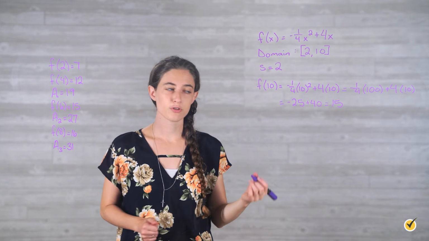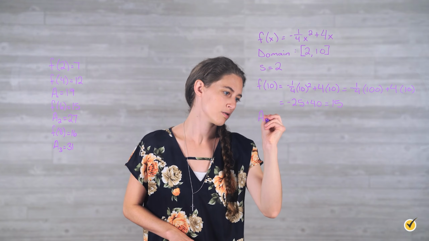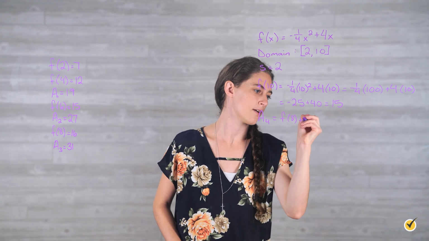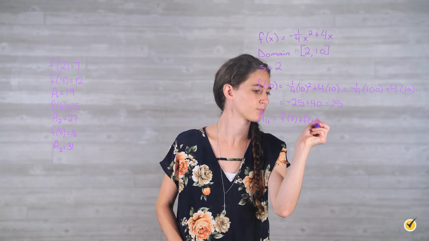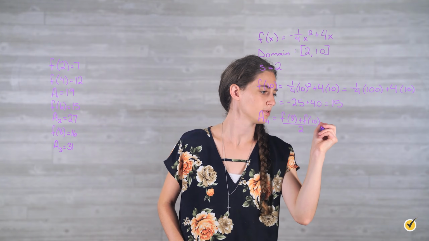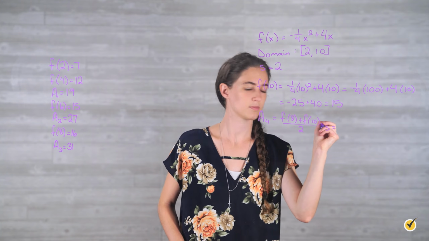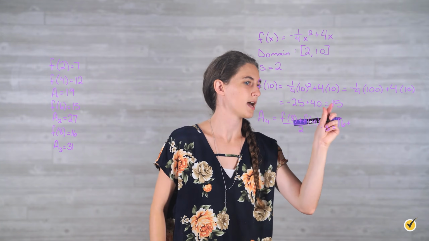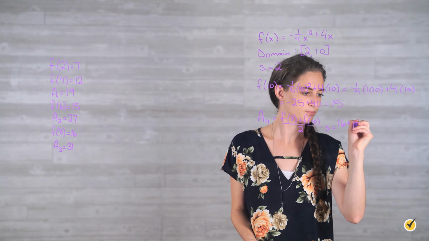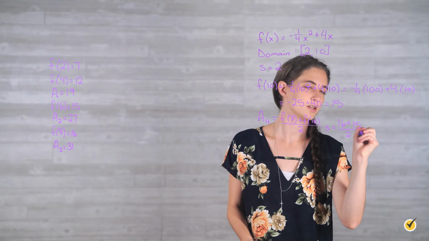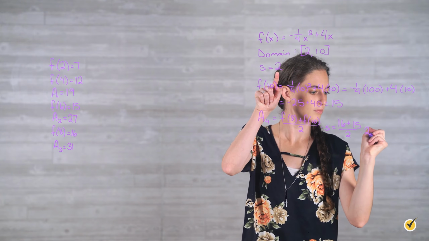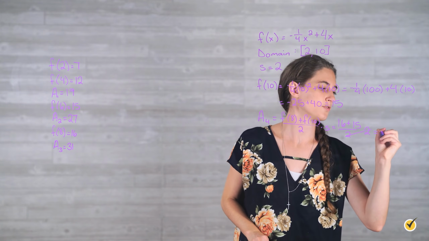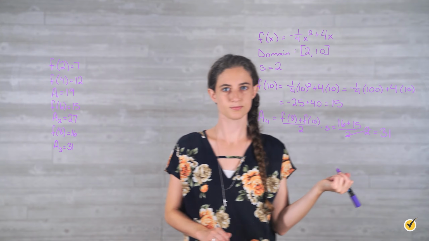So the area of our fourth trapezoid, a sub 4, will be equal to f of 8 plus f of 10 over 2 times our step size. f of 8 equals 16 plus f of 10 equals 15 over 2 times our step size of 2. These 2's cancel each other out, and we're left with 16 plus 15, which equals 31.